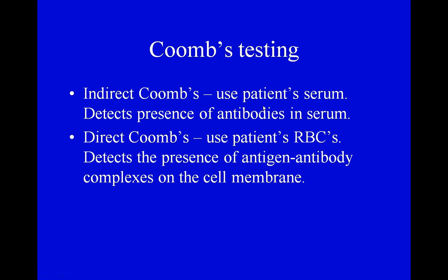The direct Coombs is going to be the one that we see if I'm working in the NICU or the nursery. If we have a baby with jaundice or a patient with jaundice, we talked last time about hemolytic anemia. If you had hemolytic anemia, we might do a direct Coombs to really see if it was because of an antigen-antibody reaction.